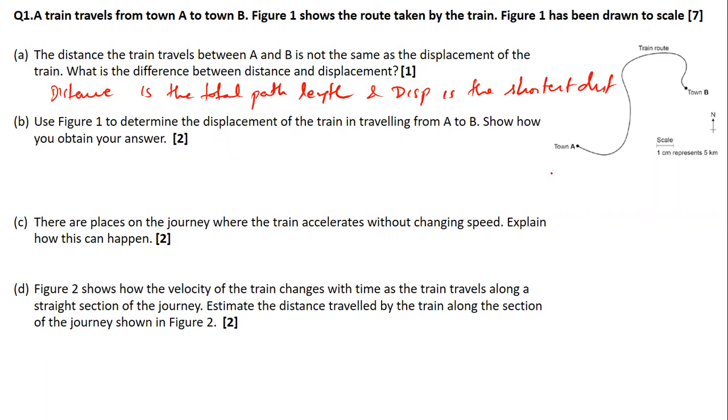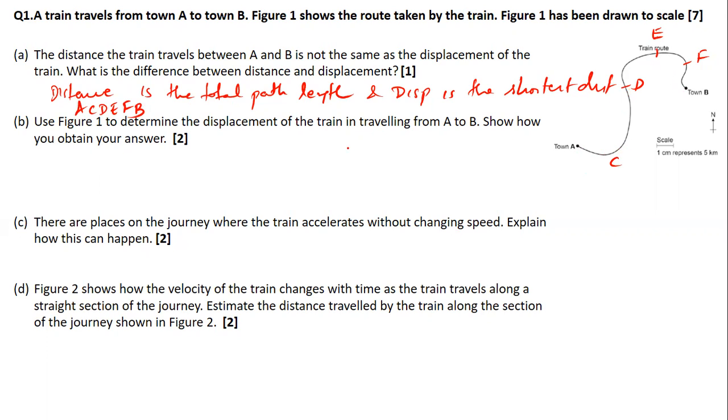So if I start from point A, let me label this as C, this point as D, this point as E, and this is F. Then distance is nothing but A, C, D, E, F, and B, the whole path that travels along this way until B.